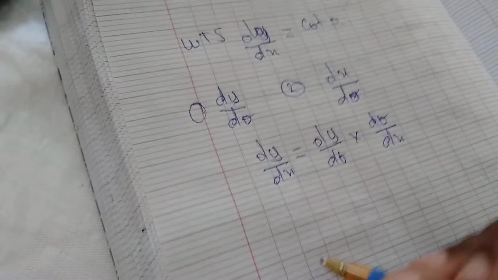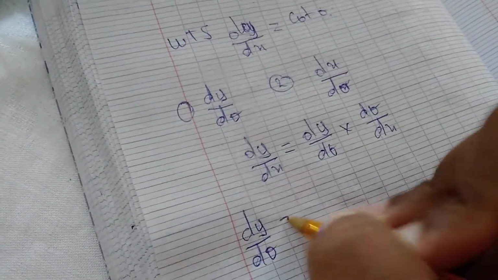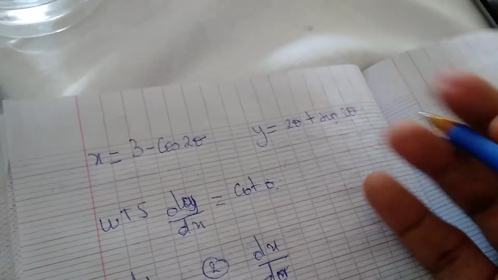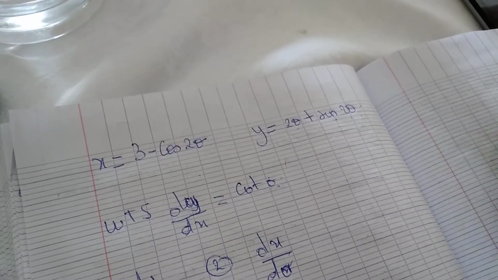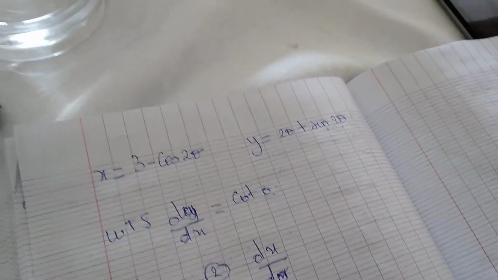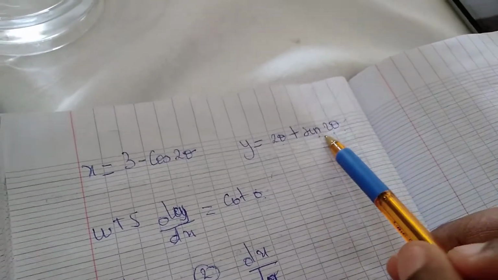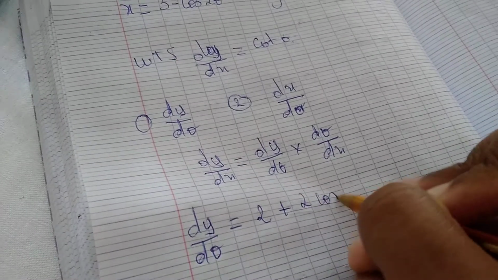So dy d theta: you have 2 theta, so it is 2, just like you were dealing with x. Here is an angle. So sine 2 theta, if you use substitution, and you are good at it, it will be easy for you. I think I'll teach something like that in one of my videos coming up. So this will now get you plus 2 cos 2 theta.